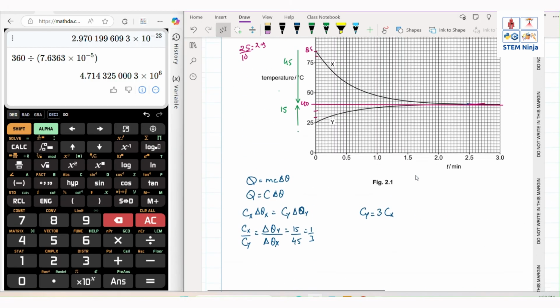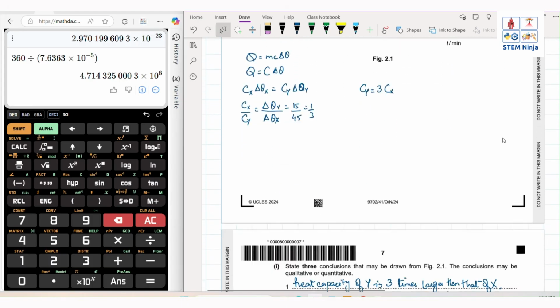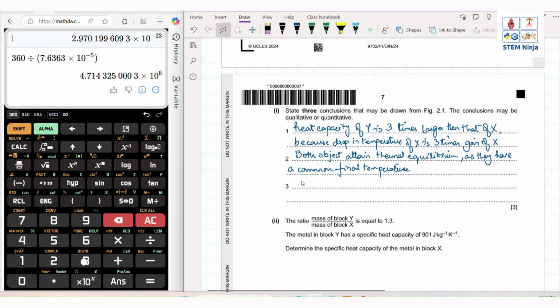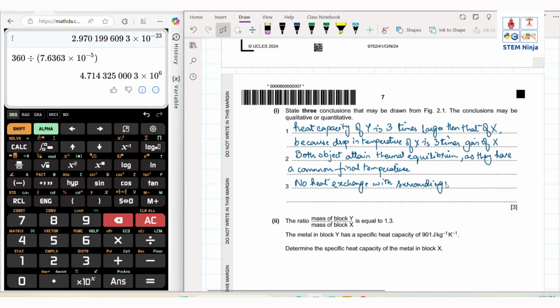And since there is no temperature change further happening, whether increase or decrease, that means that there is no heat exchange with the surroundings. So no heat exchange with surroundings as the final temperature remains constant.